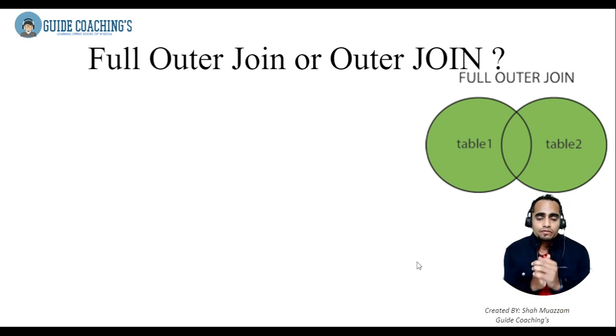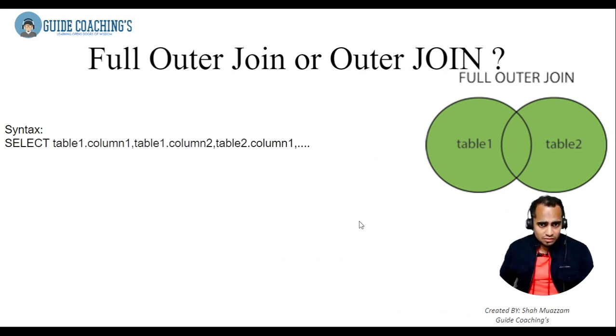In outer join we will be taking the data from the first table and from the second table, along with the common records. The syntax will be the same; it just changes from join to full outer join. That is how we need to write it.